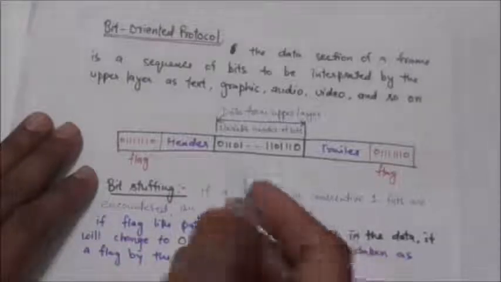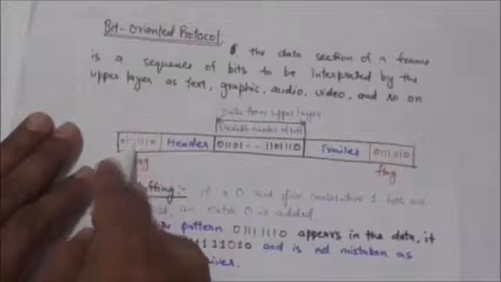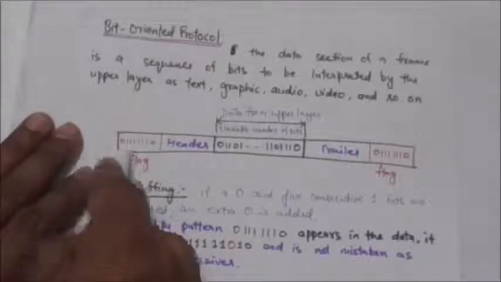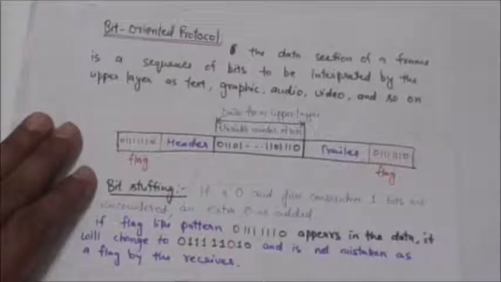Most of the protocols use a special 8-bit pattern, 0, then 6 ones, and then 0, as the delimiter to define the beginning and the end of the frame.